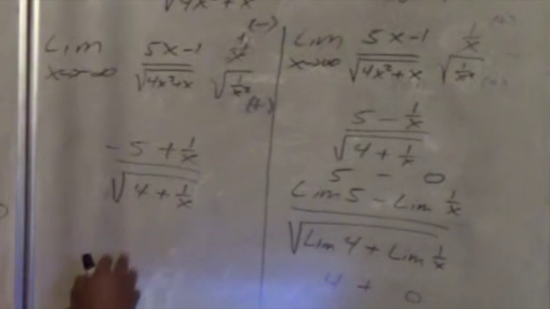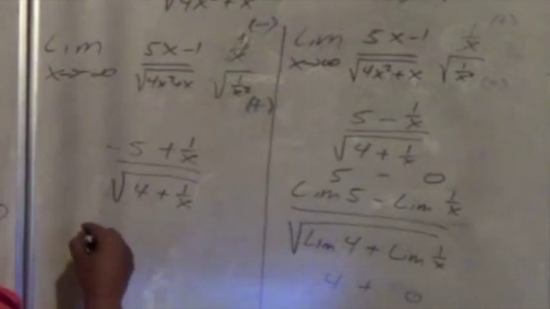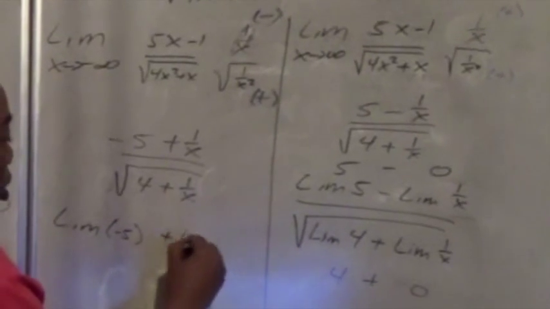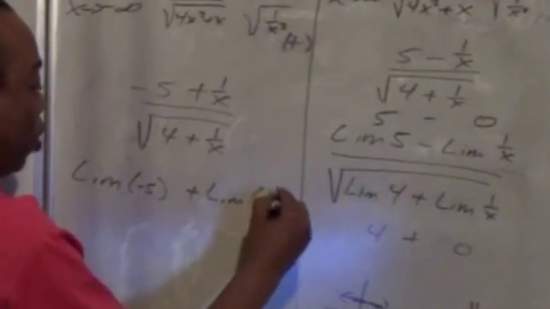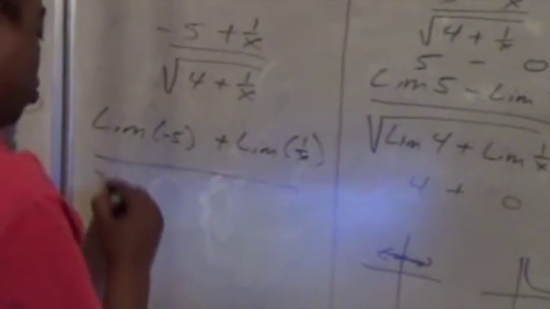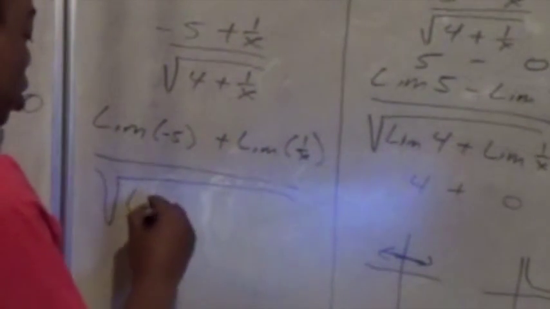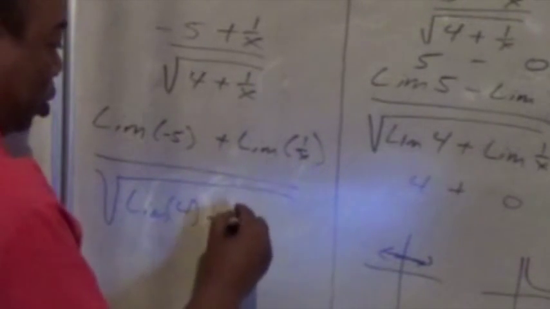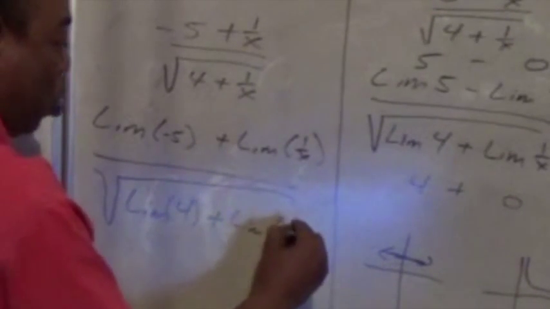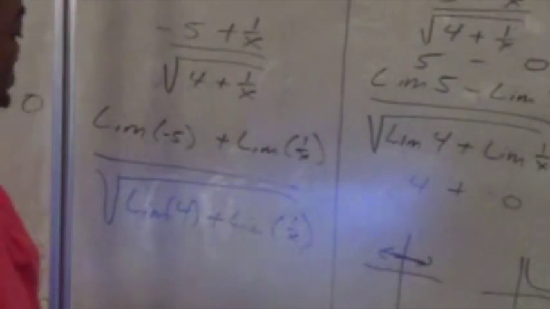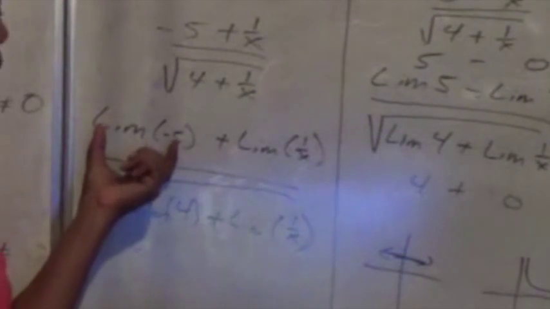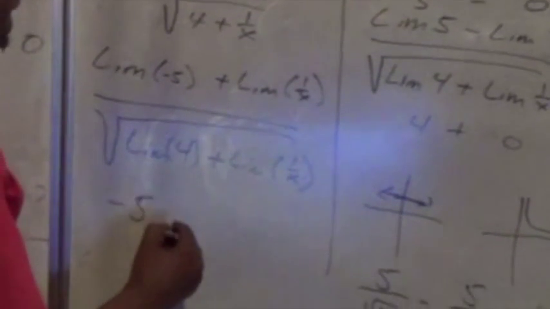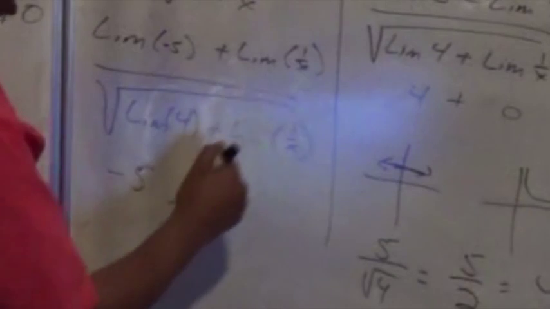Now I'll start taking the limits of each one of these. So we have the limit of a negative 5 plus the limit of 1 over x over the square root of the limit of a 4 plus the limit of the 1 over x. Okay. The limit of a constant function is that constant, so this is going to be negative 5. The limit of 1 over x is going to be 0.